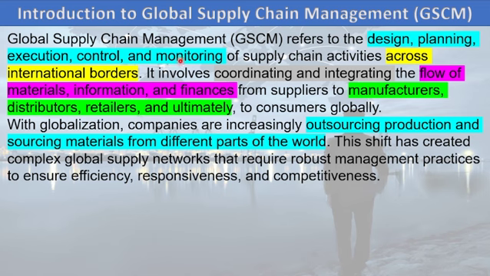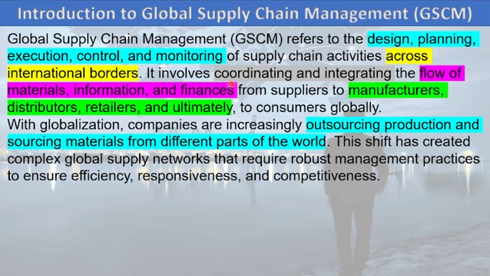We can conclude all these things as activities across international borders. So over here, we mainly talk about activities across international borders, and for doing supply chain globally, we have to focus on all these things which we have discussed: designing, planning, execution, and all that.